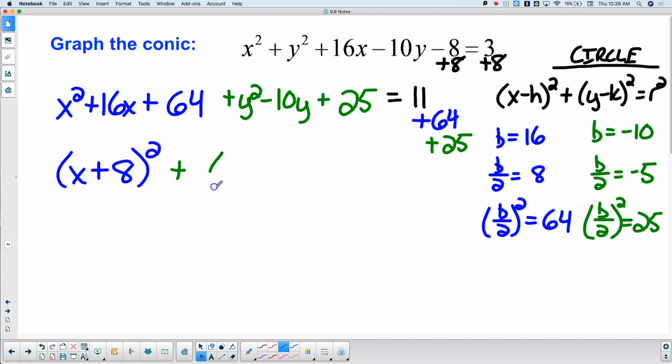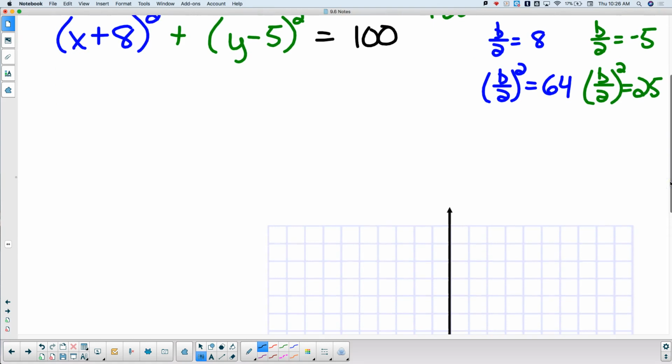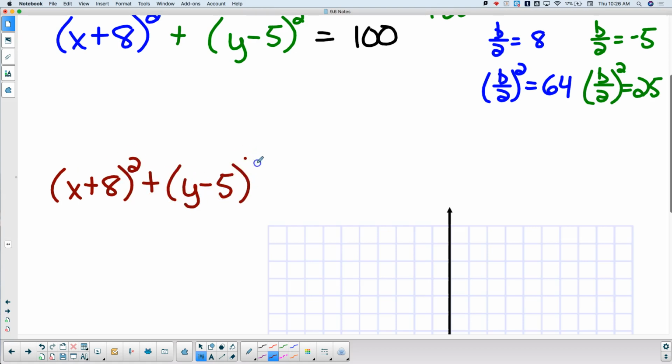This then becomes y minus 5 quantity squared, and that's going to equal 100. That's now in my form, so that is the equation I am going to be graphing. x plus 8 quantity squared plus y minus 5 quantity squared equals 100.